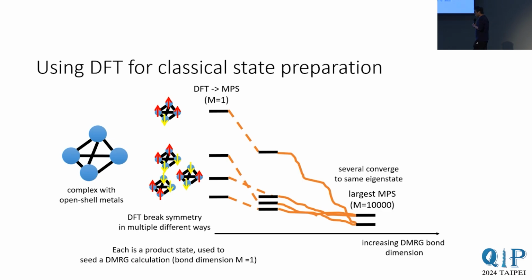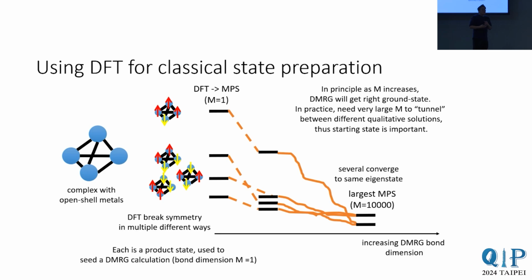Now, of course, you might ask, if you have a classical heuristic with a tunable parameter where, in principle, if you push it far enough, it gets you the exact answer, then why do you need to start from many different starting points? But the fact is that, although in principle, if I improve my classical heuristic and put in more and more computational effort, every one of these starting points would go to the correct state, in practice, if you start from a very bad guess, it's very, very hard for your heuristic to recover without putting in an extremely large amount of computation.